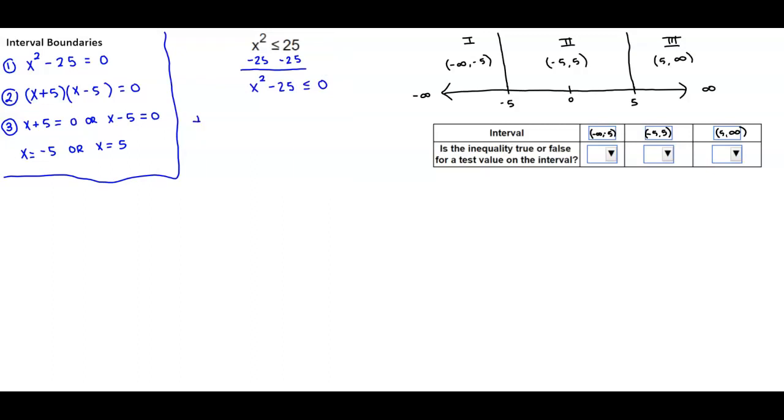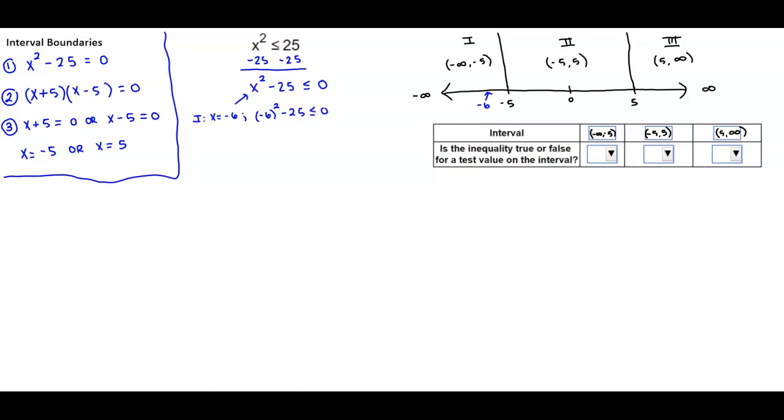For interval number 1, we can choose negative 6, since that is in that interval. We plug it into the quadratic inequality: negative 6 squared minus 25. We want to see if that's less than or equal to 0.